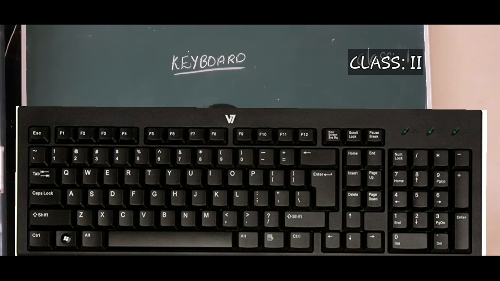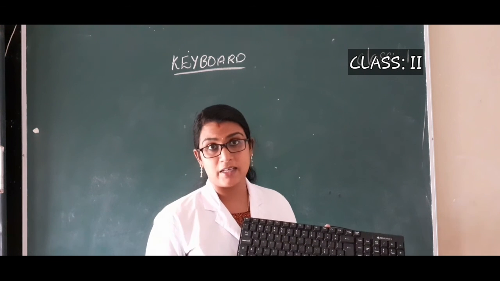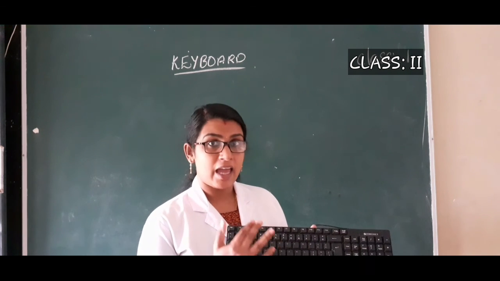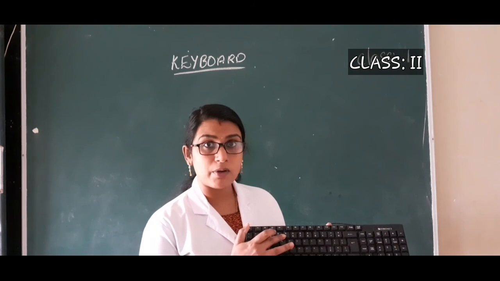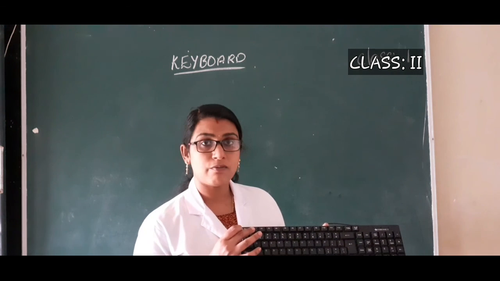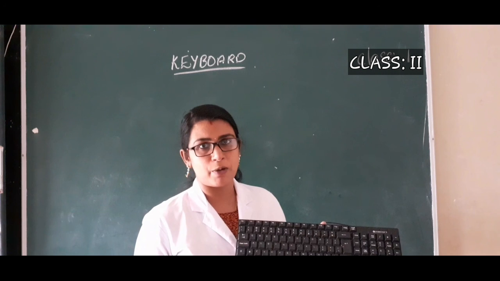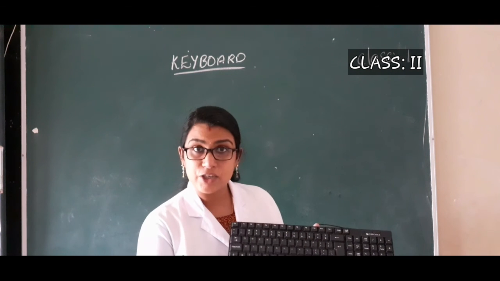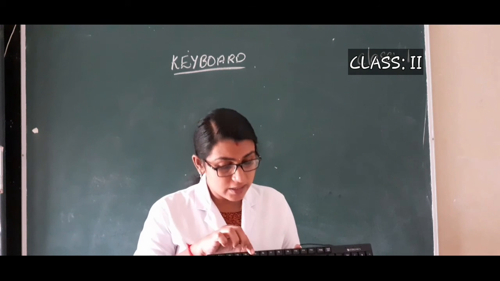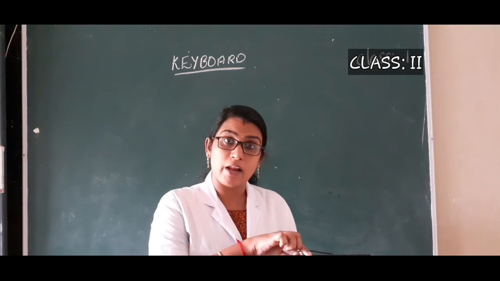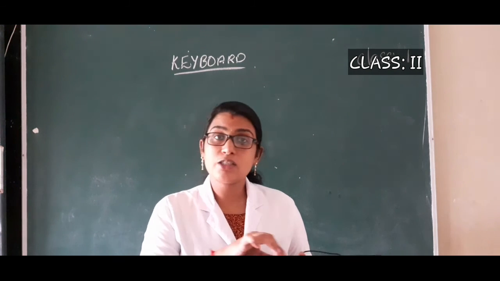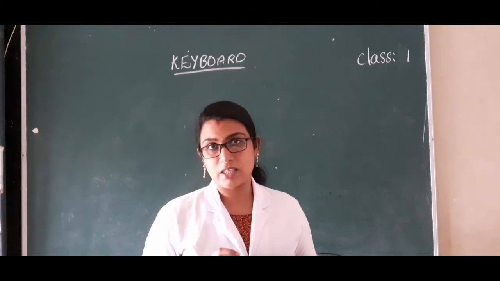The keys used to enter the alphabets from A to Z are called alphabetic keys, the keys with numbers are known as numeric keys, the keys used for some special purpose are known as special keys, and the keys placed at the top of the keyboard are known as function keys, which are used for some special functions.